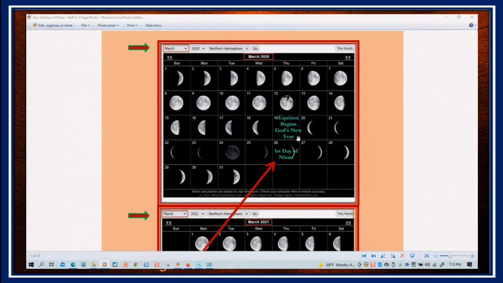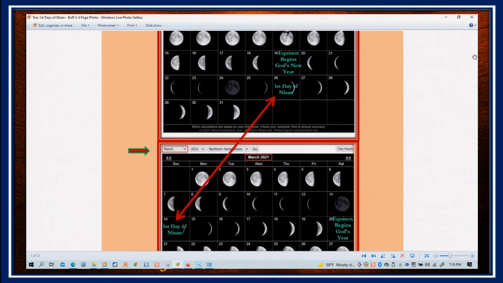On the 19th day of March, right? Right here. And what did that do, friends? It began a new solar Shana year and also kicked off a new spring season, right? And the Jews chose their first day of Nisan to begin on March 26th in 2020, right here, which is obviously around 7 days after the vernal equinox had arrived, right?